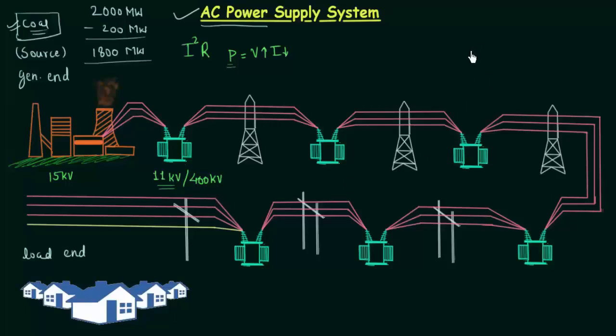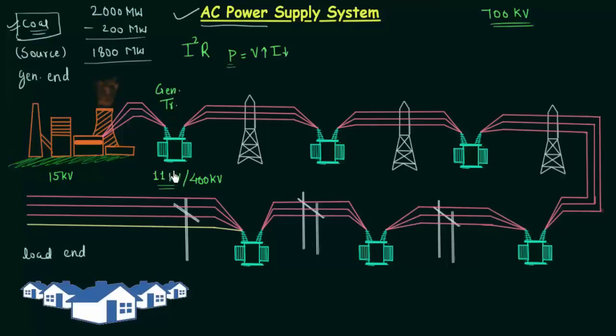In India we have a few lines with a voltage rating of more than 400 kV. We have lines with a voltage rating of 700 kV, but for this we will consider the voltage rating to be 400 kV. So one thing we can point out: along with the generator we require a transformer acting as a step-up transformer. This particular transformer we call the generator transformer.